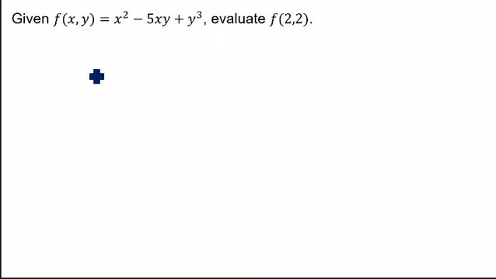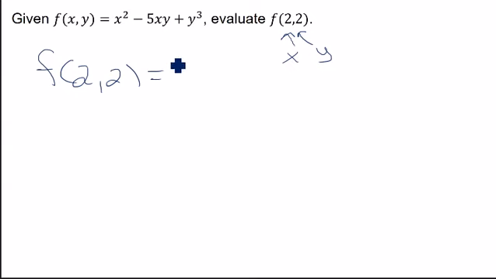So in this case, we have f of 2 comma 2 equals, so the values of x and y are given inside this parenthesis here. This is the x value and that's the y value. So we're going to replace x with the value given here and y with the value given here. Coincidentally, x and y are the same value, but in general they are different.